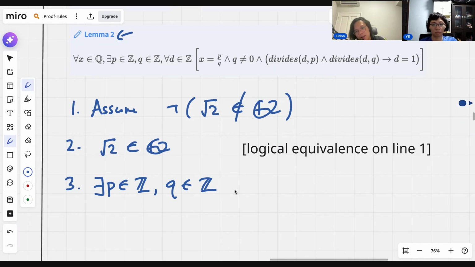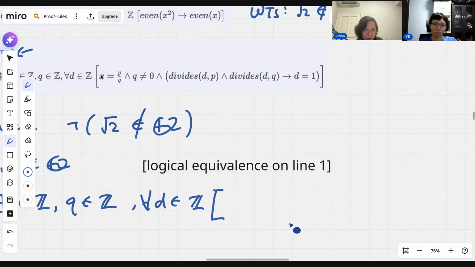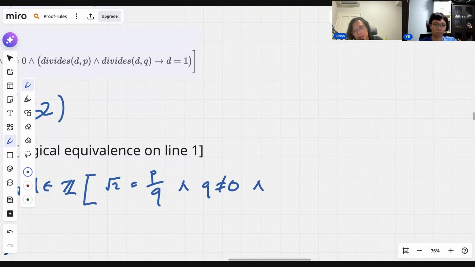For all D in Z, I'm gonna copy paste everything, but wherever there is an X, I'm gonna swap it out for square root 2. So square root 2 equals P over Q, and Q not equals to 0, and divides.